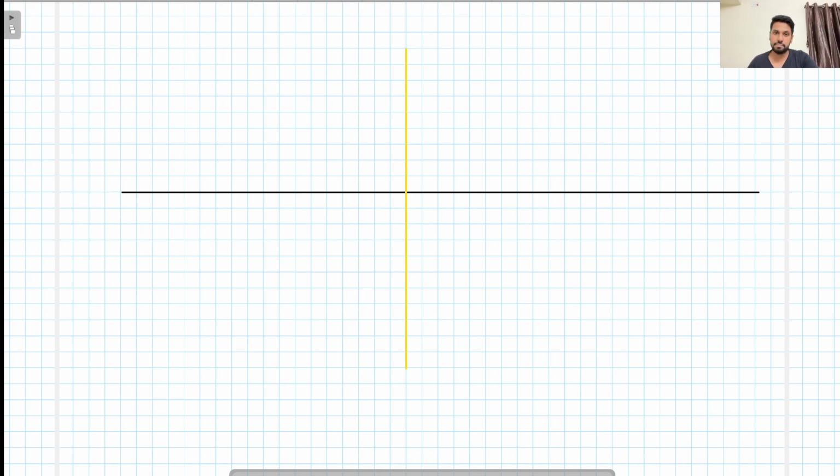Let me count again. 1 2 3 4 5 6 7. Here is my F1, and F2 has to be here backwards with 7. 1 2 3 4 5 6 7. It's my F2. So 2F is going to be double the distance.